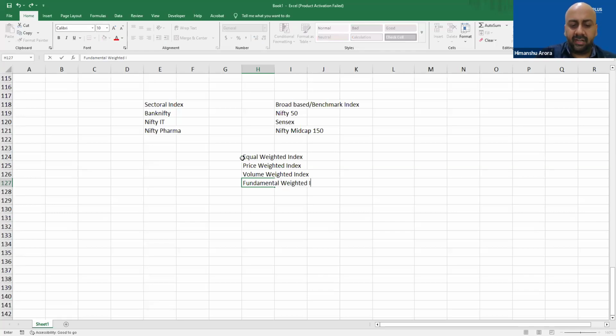Fundamental weighted index. Market cap weighted index. Free float market cap weighted index.